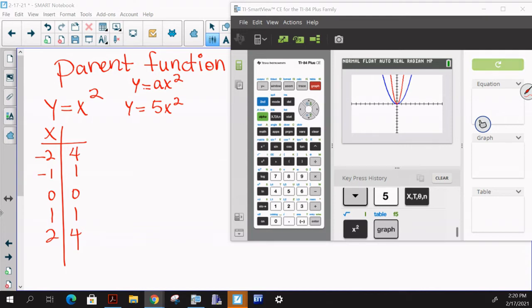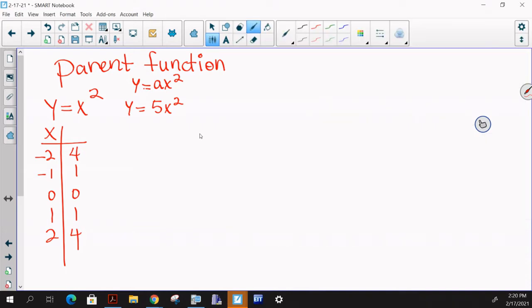Let's take it and look at another possibility here, okay? This time, let's let A be a fraction, okay? So y equals maybe 1/4 x squared, like that.